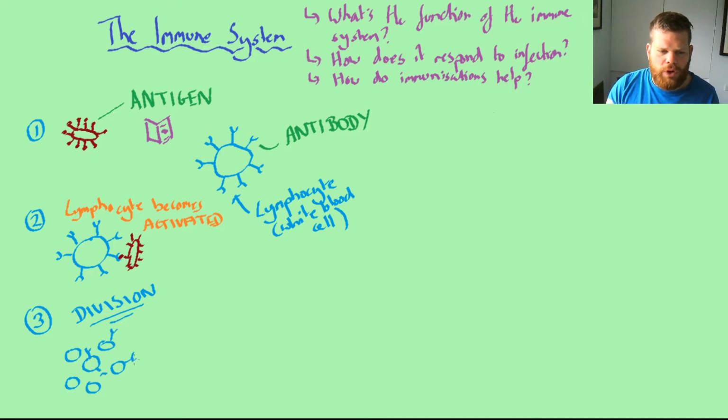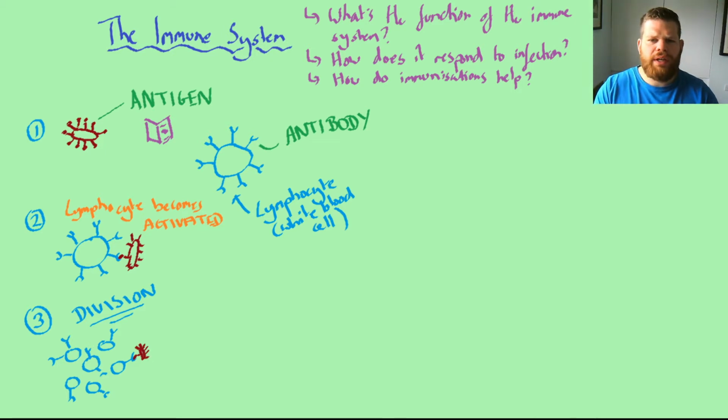Now bear in mind they've all got antibodies on the outside of them. So it means that suddenly our pathogen is getting overwhelmed by the number of lymphocytes.